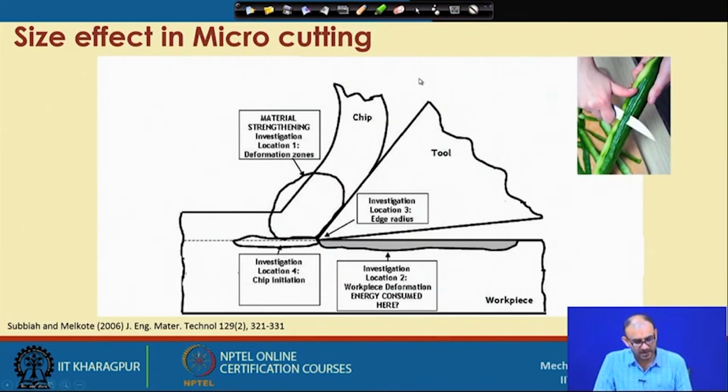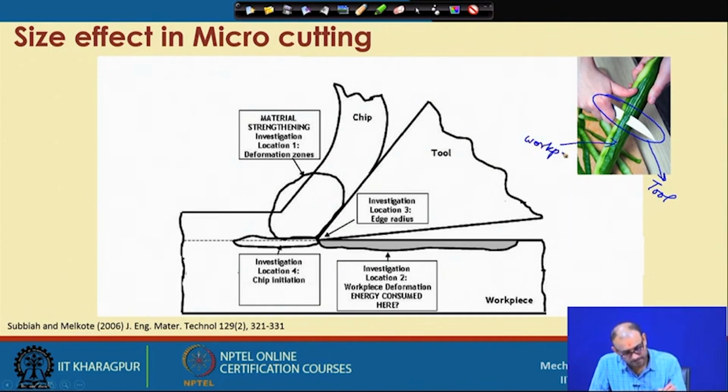Now, here I have shown one example of a normal cutting operation well known to us. Here we are cutting a vegetable, and the important thing is that this is the tool and this is the workpiece. From here, what is important to get this cut is the sharpness of the tool.